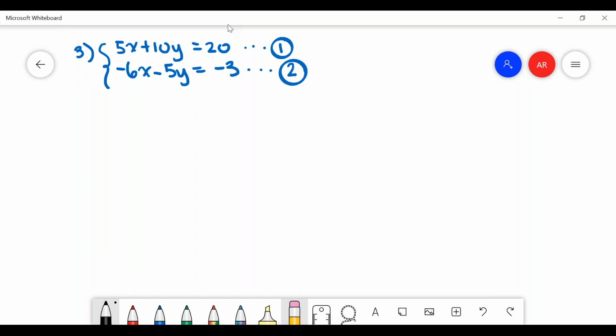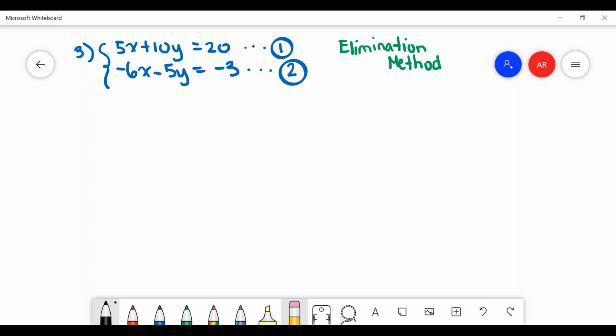So now looking at this problem, we're going to be solving this using the elimination method, same method as we used in our previous question. This method is the exact same, but as you can see, the question itself here is a tiny bit different.